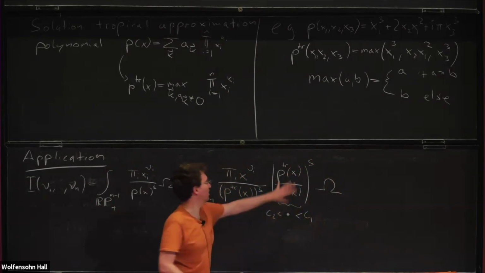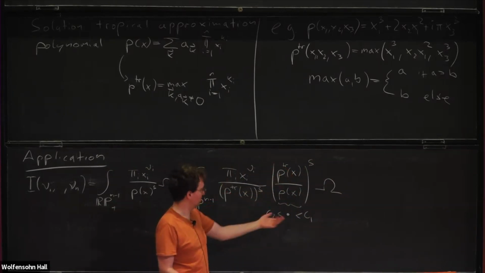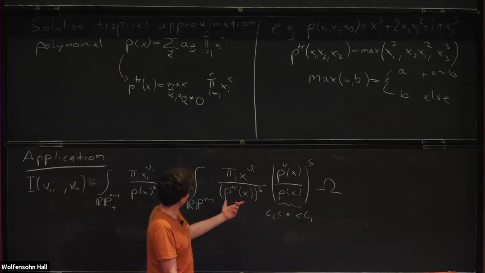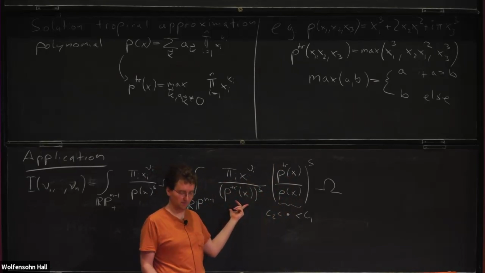So this part of the integral is now moving in some interval, not small, but some interval. So there are definitely no singularities coming from this part. And this part here depends only on monomials and this tropical approximation, only on this maximum.